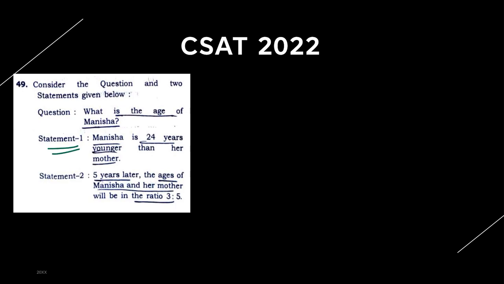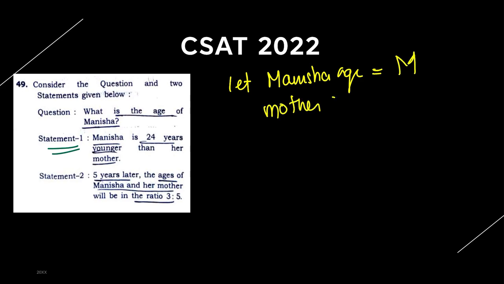Statement number 1 says Manisha is 24 years younger than her mother. Suppose for simplicity I write Manisha's age as M, and her mother's age as X. So Manisha is 24 years younger than her mother, meaning M is X minus 24.